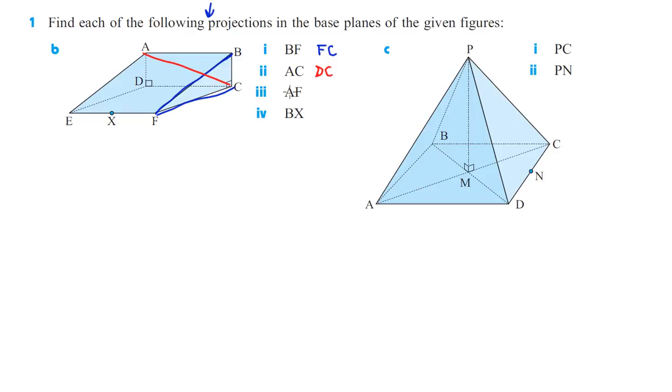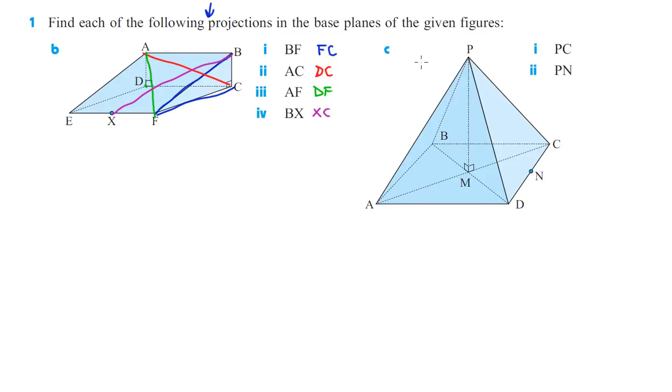All right, and then if we did AF, here's A to F. If you were to shine a light directly down on top of that, it's just going to be DF that shadow. Okay, and then let's see, we've got BX. So B to X is going to be this here. So if you shine light straight down on that, that's just going to be X to C. And obviously these are all the same if you switch the two letters around.